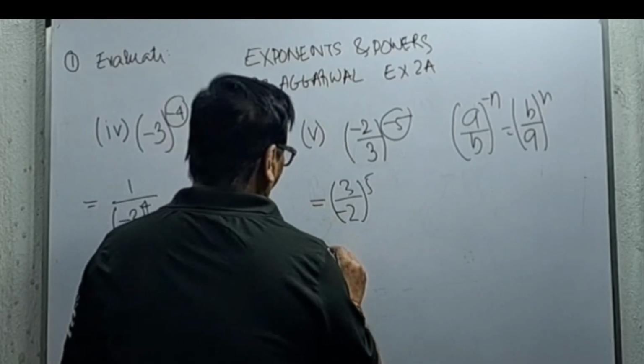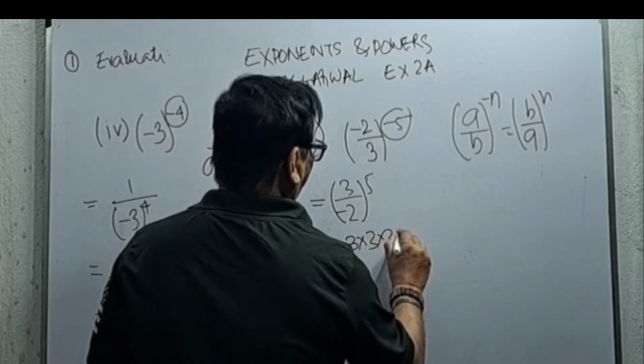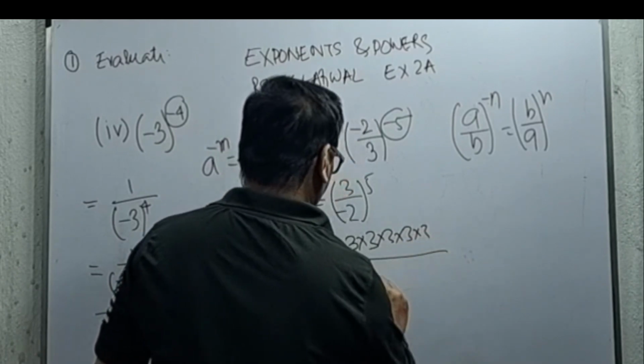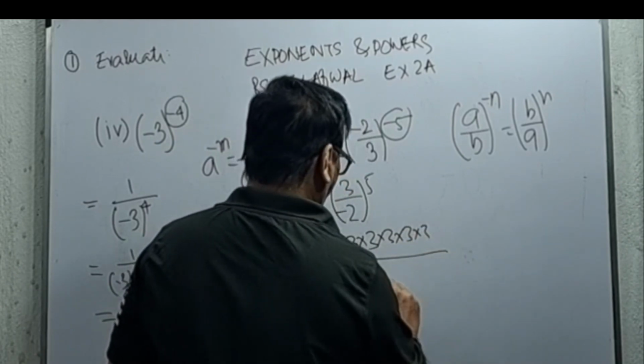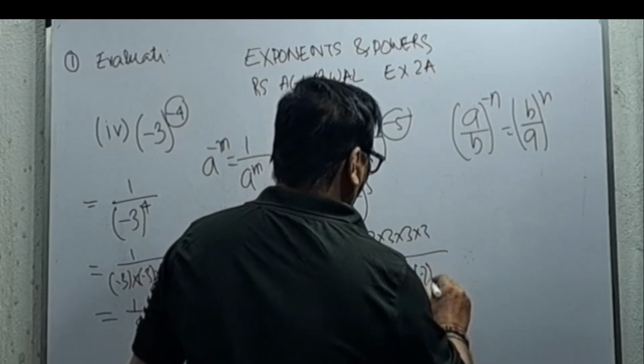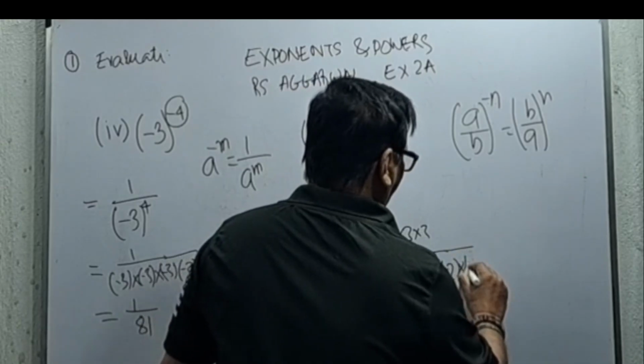So if we evaluate it, we get 3 times 3 times 3 times 3 times 3 divided by minus 2 times minus 2 times minus 2 times minus 2 times minus 2, right?